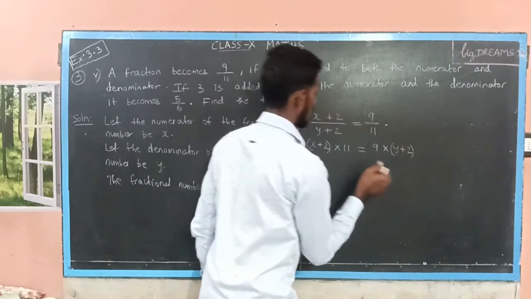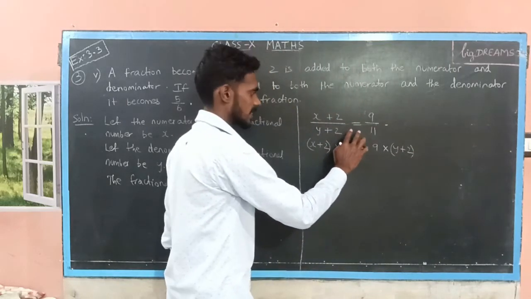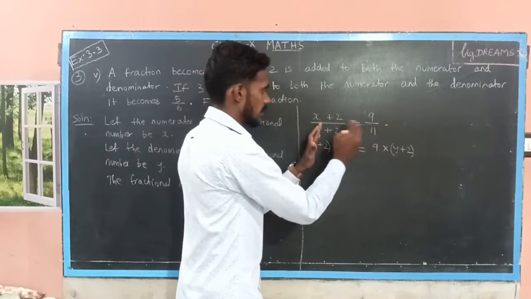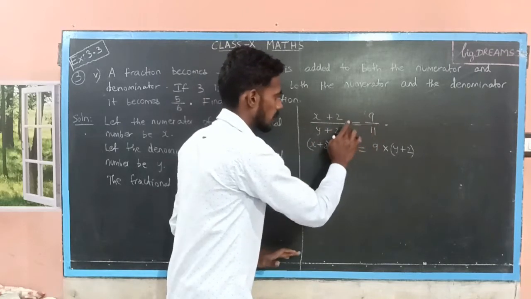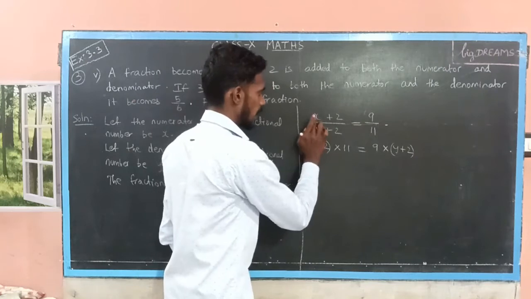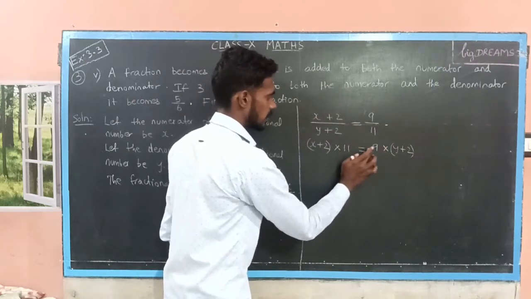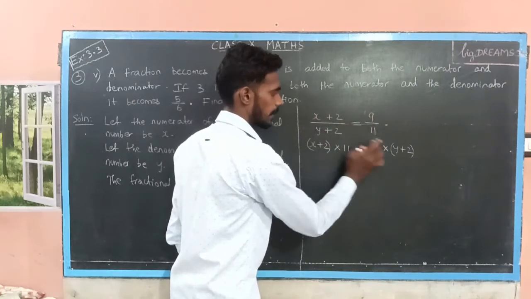When you have two fractional representations in LHS and RHS, we can solve by just cross multiplying. So it is x plus 2 into 11 is equal to 9 into y plus 2.